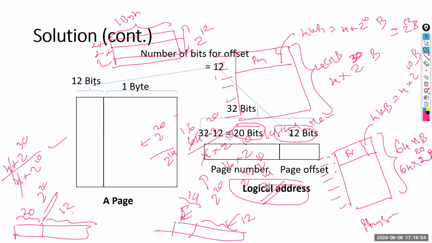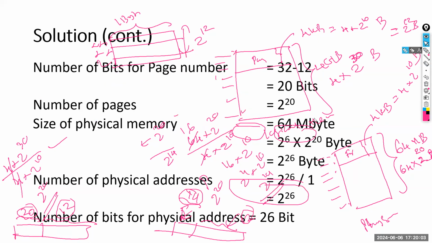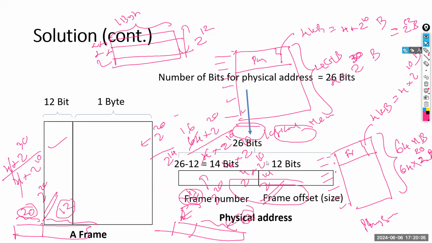And the physical address must be 14 and 12. Yes, you can see 14 and 12. So that is the physical address. Okay, 14 and 12. Right. Any questions? Any questions?